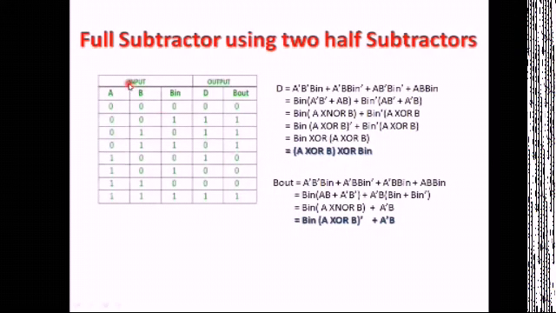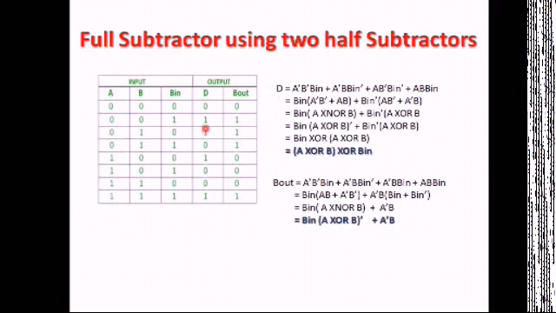Now this is the truth table of the full subtractor. Already it is explained how we are getting the difference and the B out. There are three inputs A, B and B in, and there are two outputs D and B out. So we will be finding the difference, that is D, and the B out.